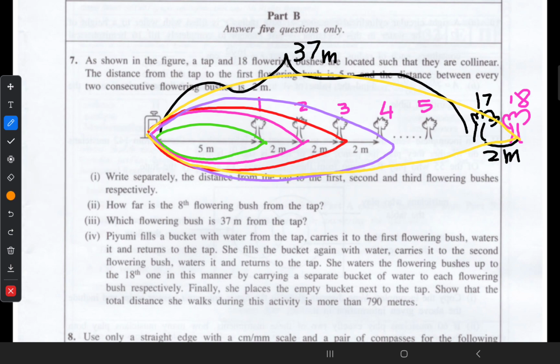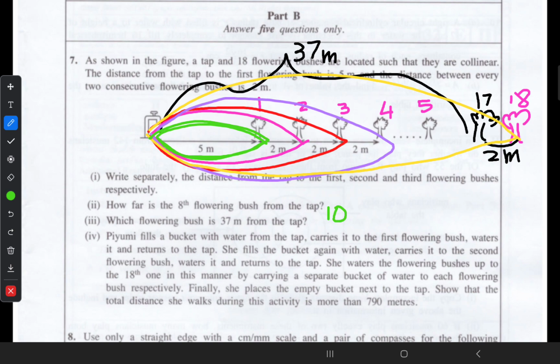Okay, that means try to understand what I'm going to tell. You have to find the distance, okay, not the distance. Here, first term: first she is traveling to water the first bush. She is traveling 10 meters because she travels and comes back.